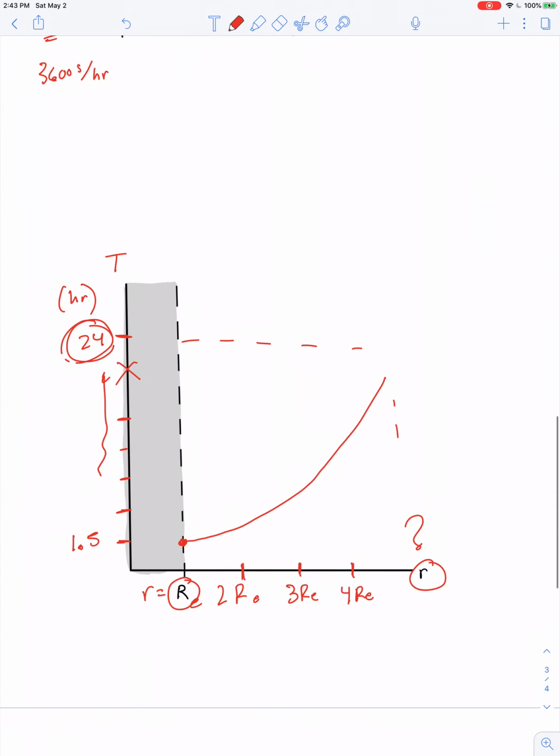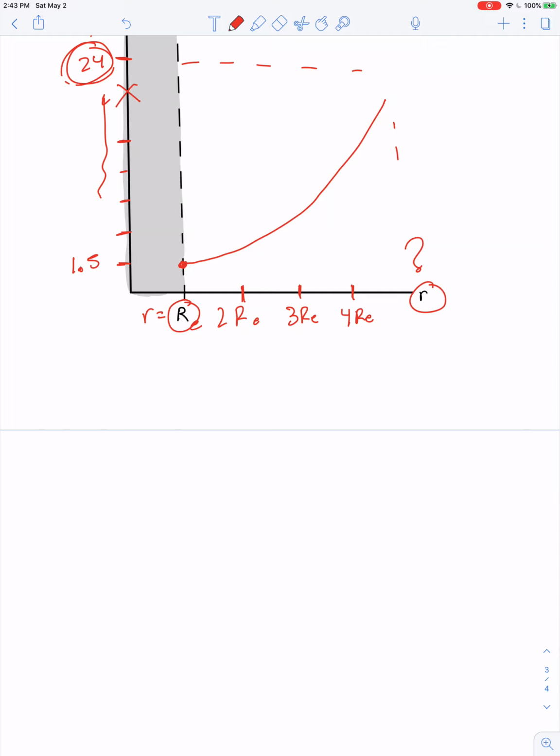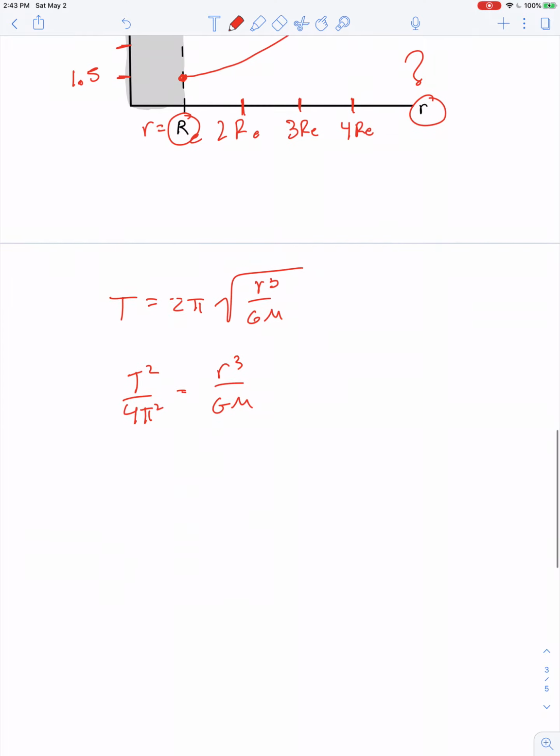Let's double check that numerically. Period is 2 pi times the square root of r cubed over GM. So that means period squared over 4 pi squared is r cubed over GM. This means r is the cube root of GM T squared over 4 pi squared.